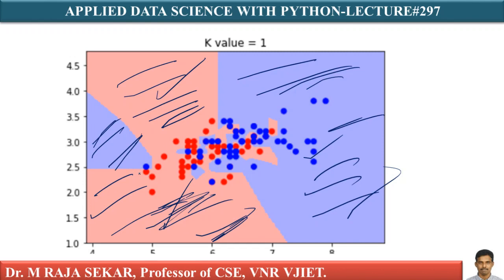Any point in this region will be red, isn't it? It's clear. If a point is anywhere in this other region, then as we are considering one nearest neighbor, it's blue. That's how we constructed it.